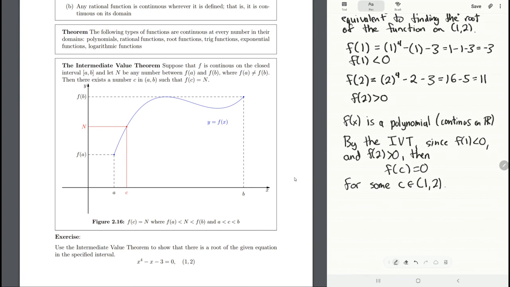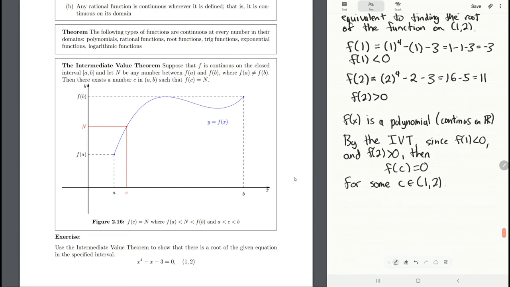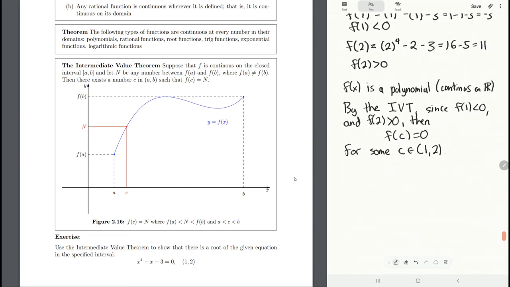So since the function is negative at 1 and then it's positive at 2, it has to pass through the x-axis, meaning that the function has to be 0 for some value between 1 and 2.